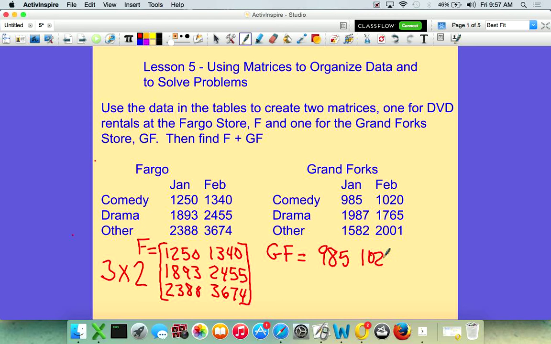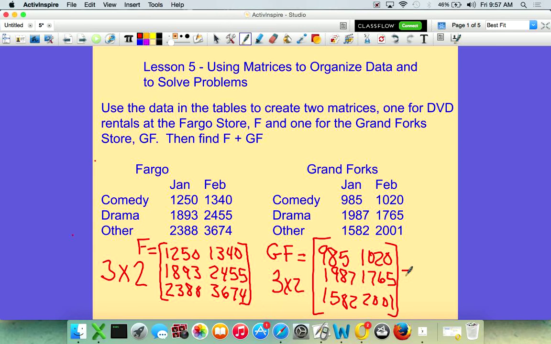We put them into rows by columns. And once again, this is a 3 by 2 because we have 3 rows by 2 columns. All right, not that we need to write that down every single time, but it is important to see that. So there are our two matrices that are created, one for the Fargo store and one for the Grand Forks store.